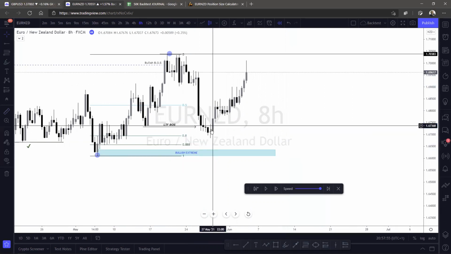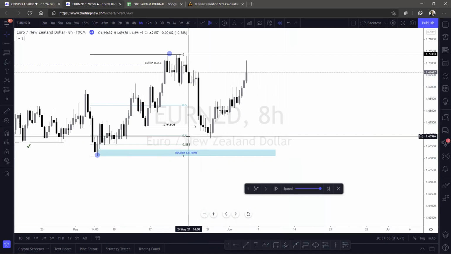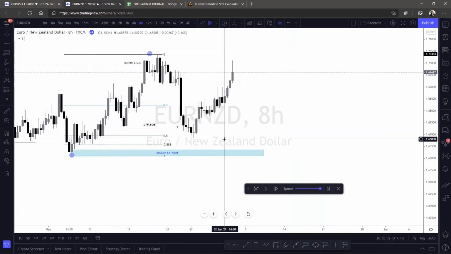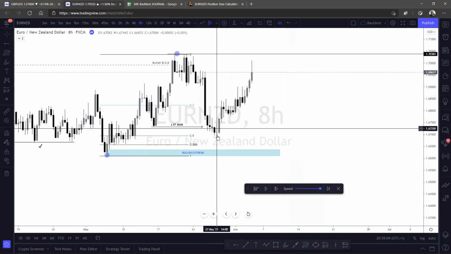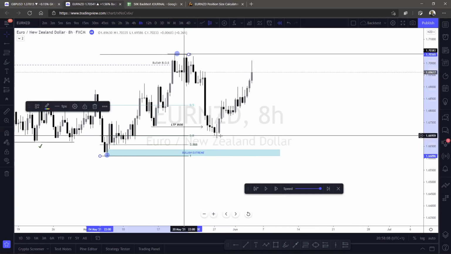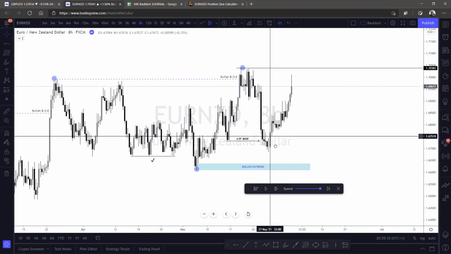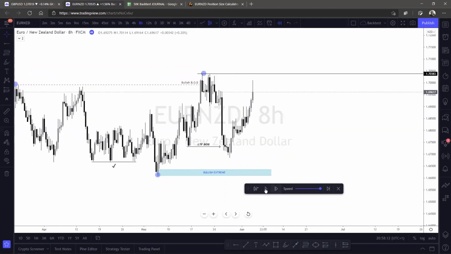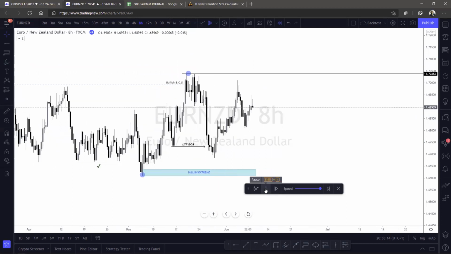And the session time in here was great as well. This would have tapped you in. This is at 2 p.m., which is London and New York crossover. So session timing was great, it just didn't come down deep enough. Cool, then that's fine. Price eventually comes right back up.